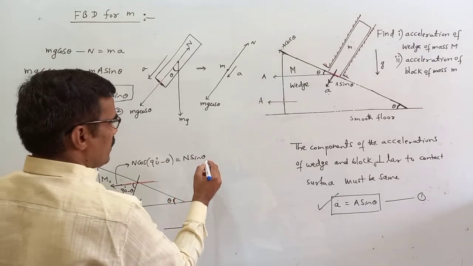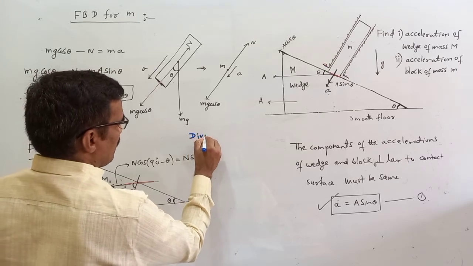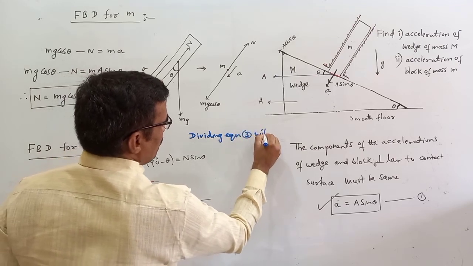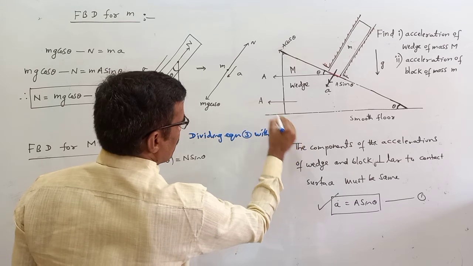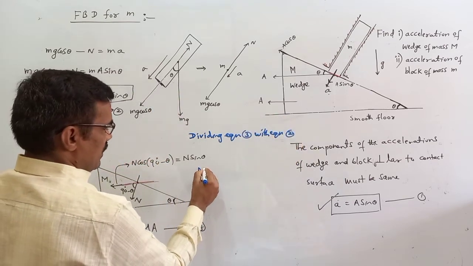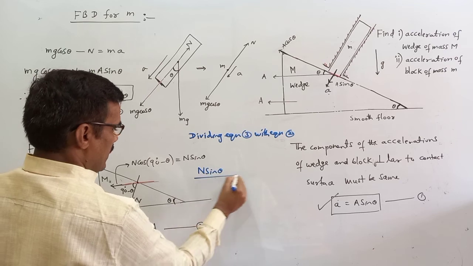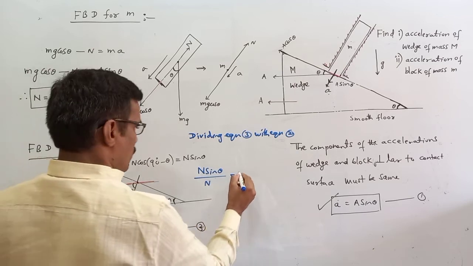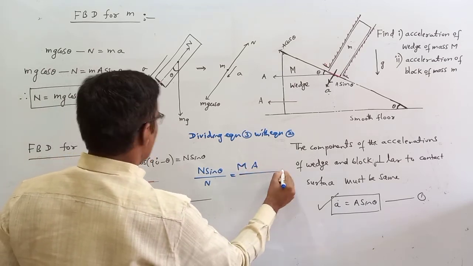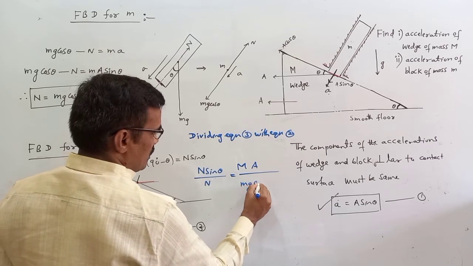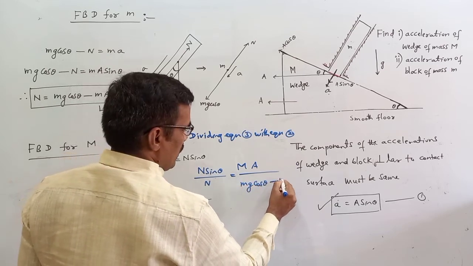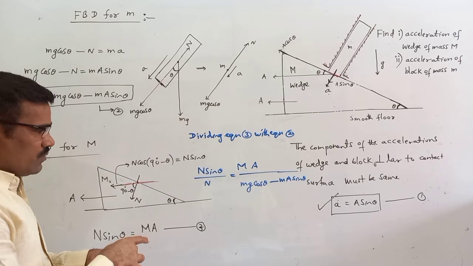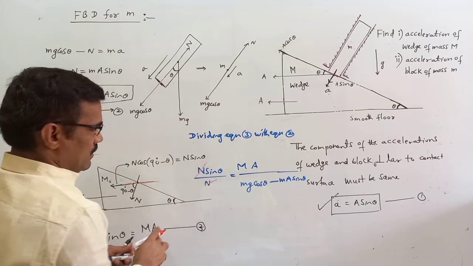Dividing equation 3 by equation 2: N sin theta divided by N equals capital M capital A divided by mg cos theta minus ma sin theta. Here N cancels.